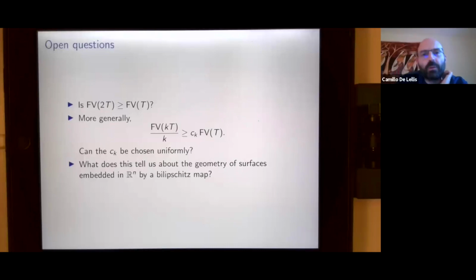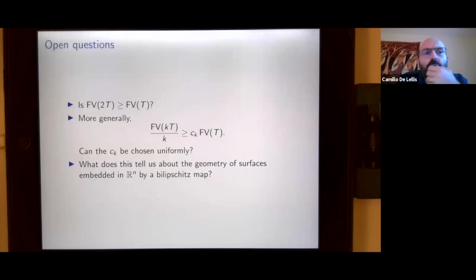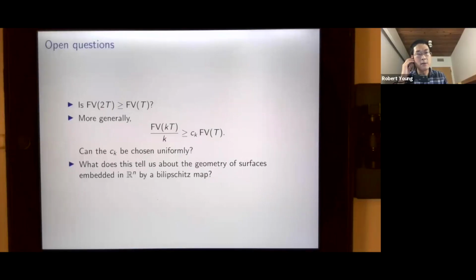And that one you can probably solve by Douglas-Rado, I would imagine. I don't know that, so you have to tell me about that, because you have fixed the topology of your guy, and you're minimizing. Yeah. Right.